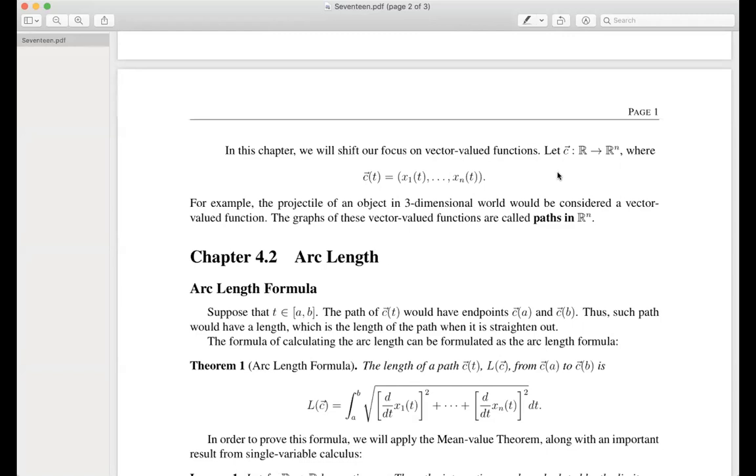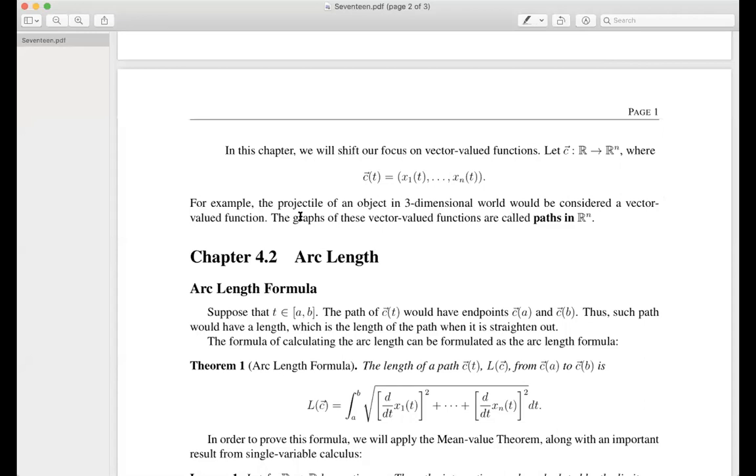But in this case, we focus on vector value functions, meaning we take values in R, a real number, and output a vector in Rn. You can think of it as you input a time and we output the location in Rn.